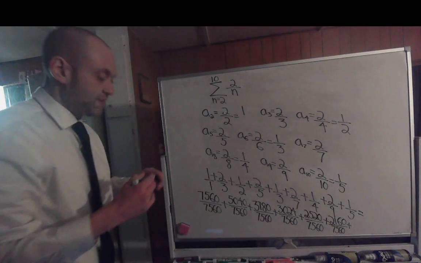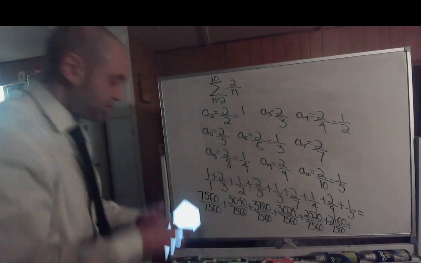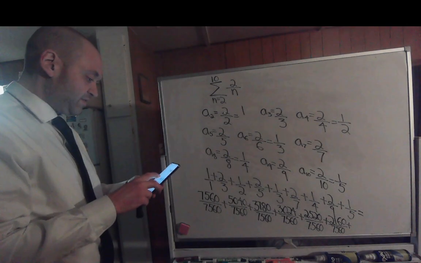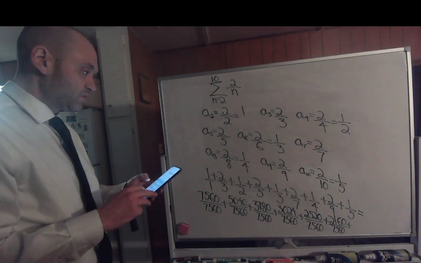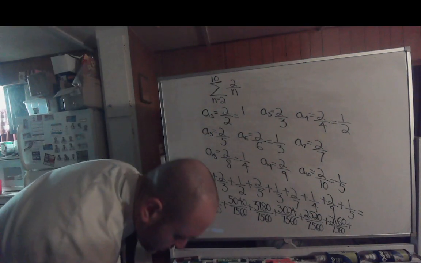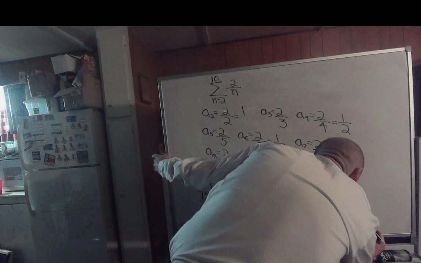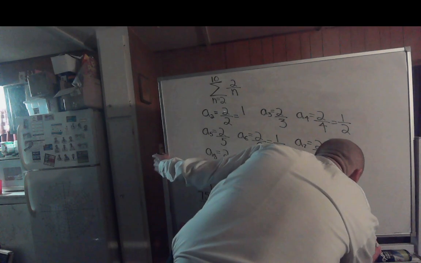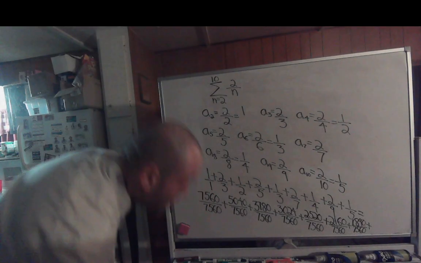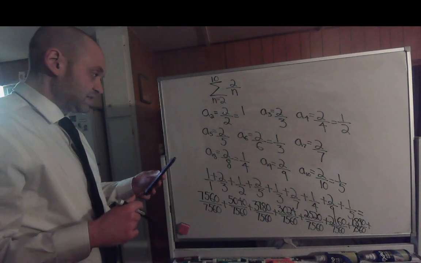Plus, now you have to deal with your 1/4. 7,560 divided by 4 is 1,890. So I'll have 1,890 over 7,560. Plus, now I got to convert 2/9 into a form of 7,560.